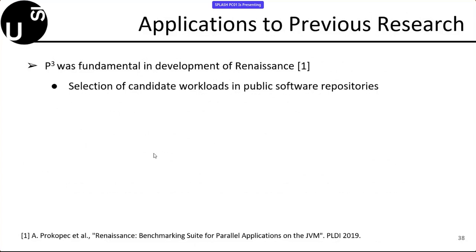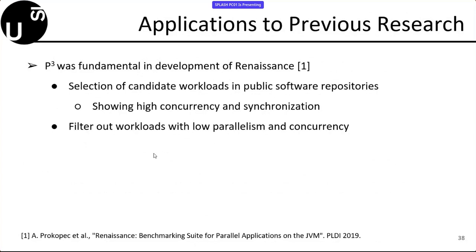During the development of Renaissance in particular, P3 was used to select candidate workloads for the suite, searching for them in public software repositories. And the selection criteria for these workloads was that they should show a high degree of concurrency and synchronization. And some of them were later included in Renaissance.